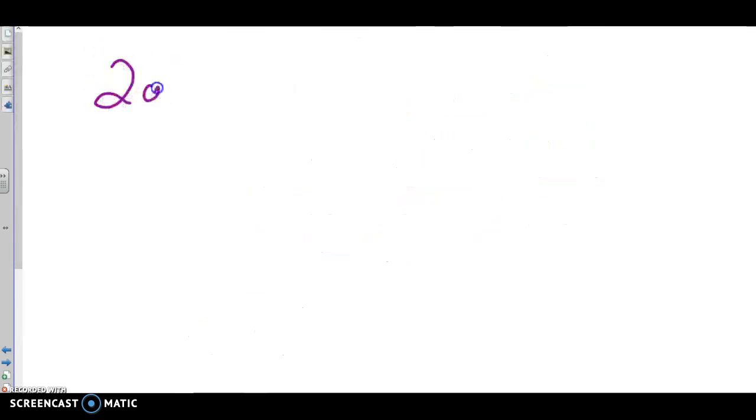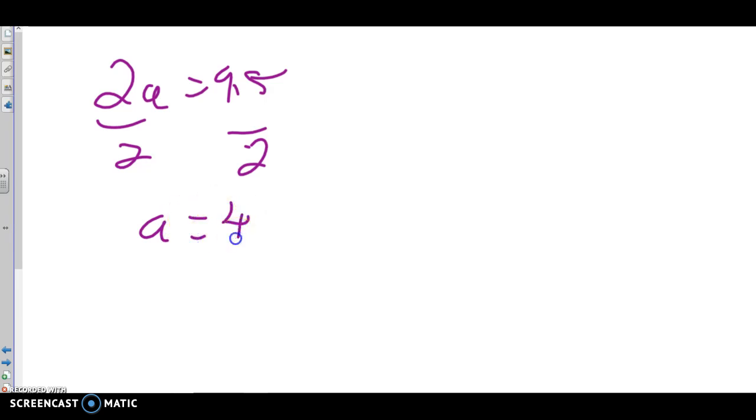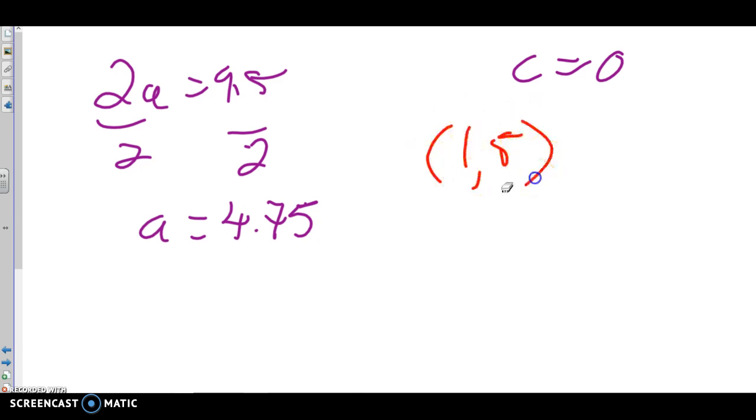So 2a equals 9.5. When I divide both sides by 2, I know a has a value of 4.75. I know c equals 0. So I'm going to take a coordinate from the table, and I'll use the coordinates 1, 5. And I'm going to put it into my general equation.